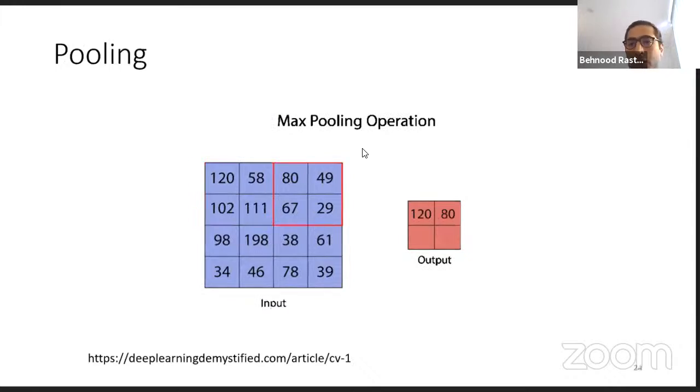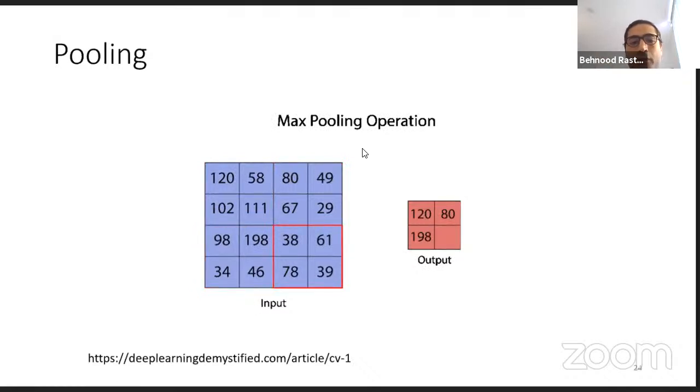Another component in CNN is pooling. In this case, you're seeing max pooling. We also have average pooling or other types of pooling; these are the 2 main types. Here the filter size is 2, and the stride is also 2. Inside your filter, you select the maximum value.